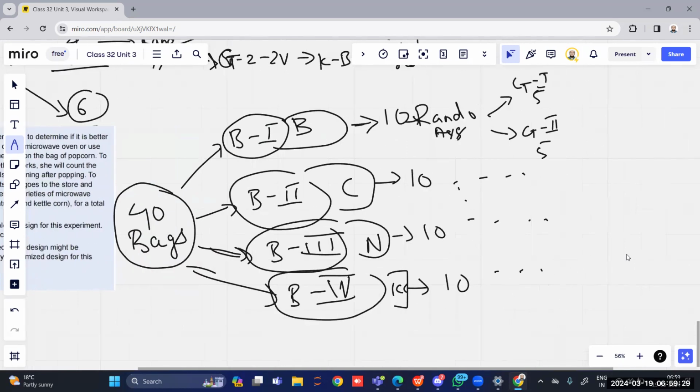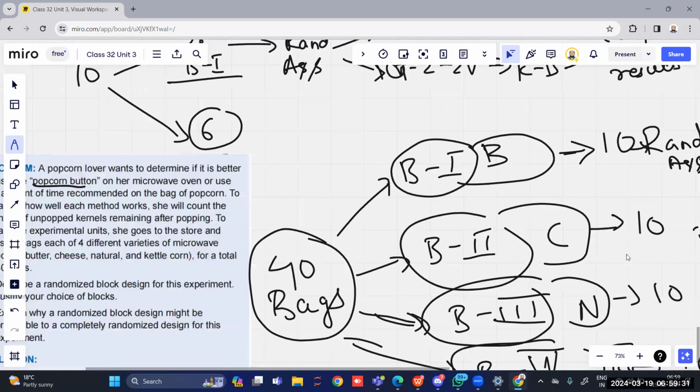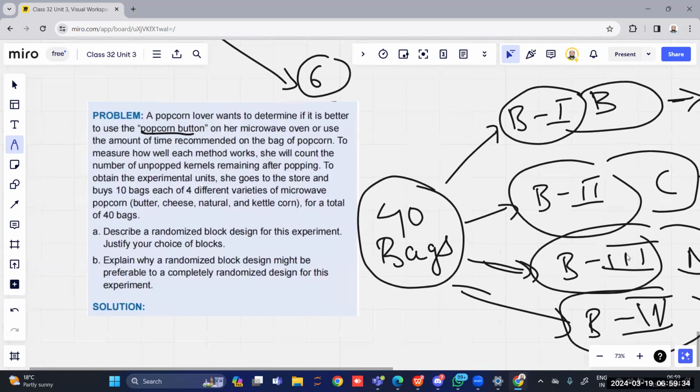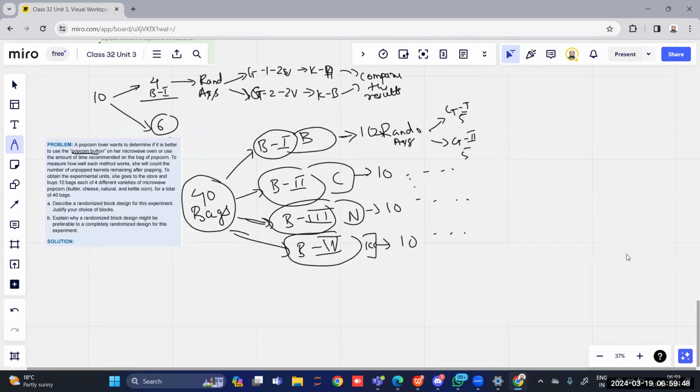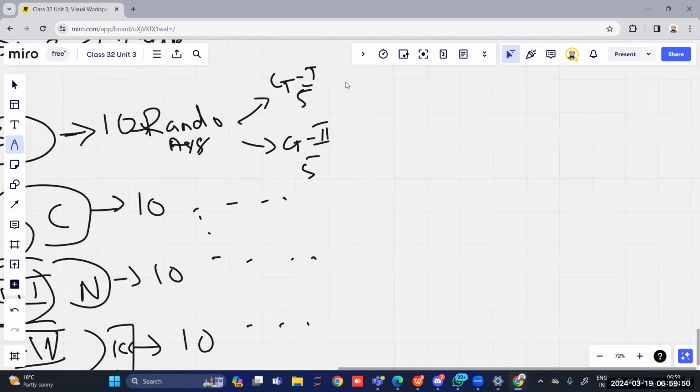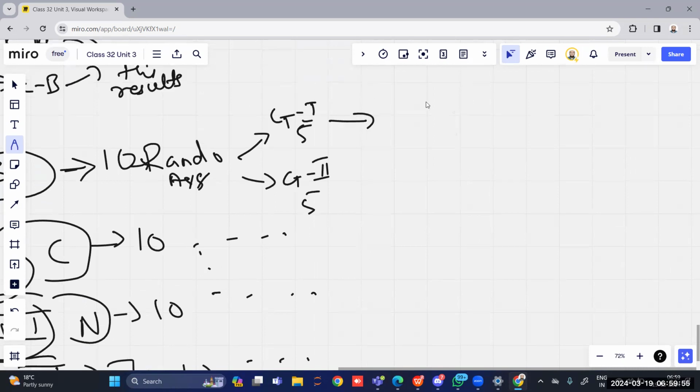So now what experiment do we have to do? That's the main thing. A popcorn lover wants to determine if it is better to use the popcorn button on a microwave oven or to use the amount of time required. There were two buttons in the machine. We made popcorn from 5 bags using the popcorn button.